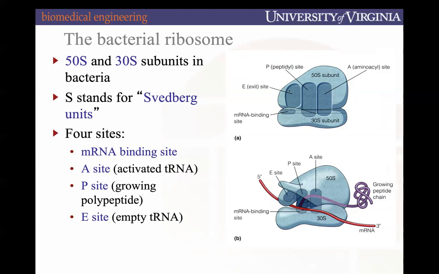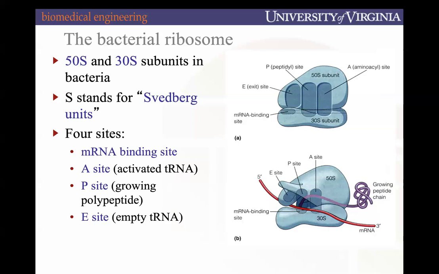This is not having to do with their molecular weight, but rather with how they precipitate out when you spin them down at really high speeds. For example, the large subunit is 50S, the small subunit is 30S. The entire ribosome complex is described as being 70S. So it's not a clean additive quality of the ribosomes.